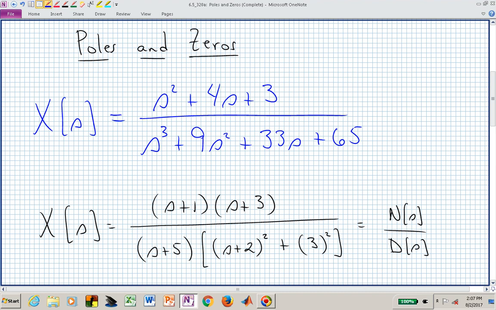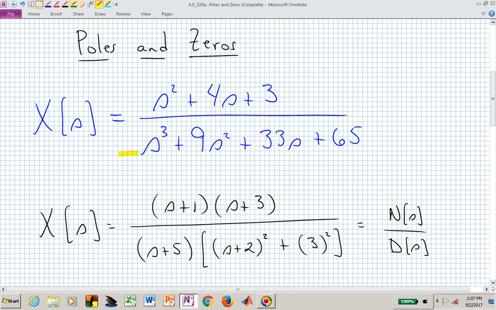proper. It's also monic. That's another term that we may introduce. Monic means that the leading coefficient in the denominator has been normalized to have a coefficient of 1. If there's some other coefficient weighting the highest power, we would simply factor that out from the denominator, and we could then absorb that coefficient in the divisor of each of the numerator coefficients in the previous numerator.